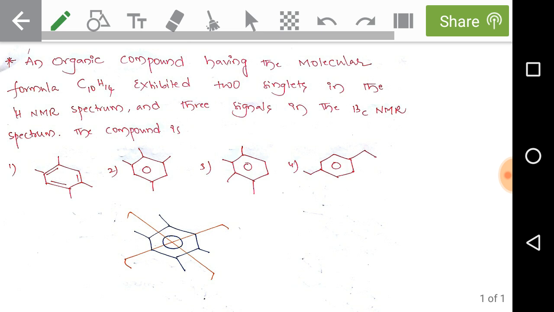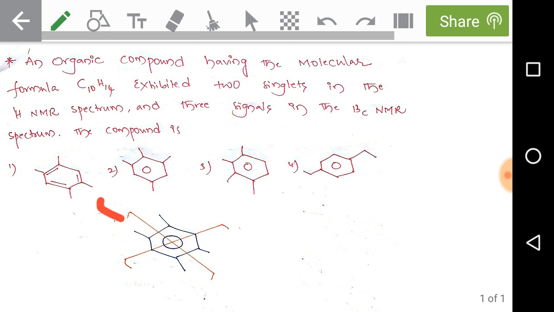To check that, we need to use a plane or a C2 axis. If we use a plane or C2 axis, both of them can give equivalent carbons and equivalent hydrogens on the given molecule.